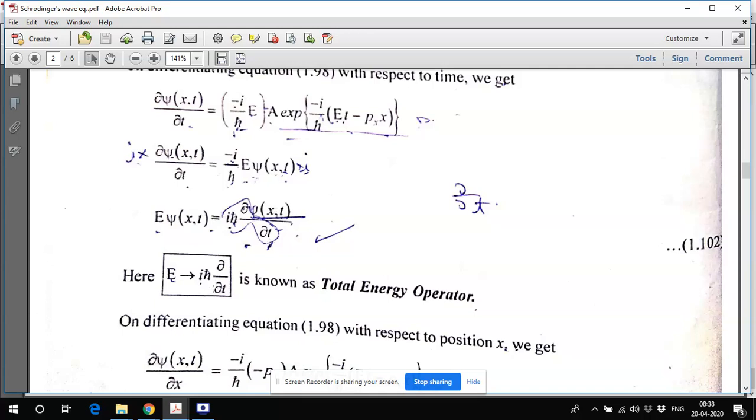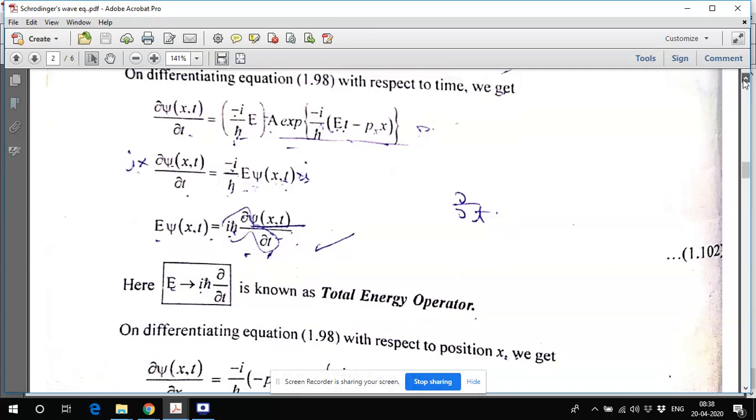This operator acting on psi gives me psi once again with an eigenvalue, so this is the operator here. And this i h cross del by del t is actually the total energy operator. So this E is giving me the total energy operator, which is i h cross del by del t. This we get from differentiating the equation with respect to t.